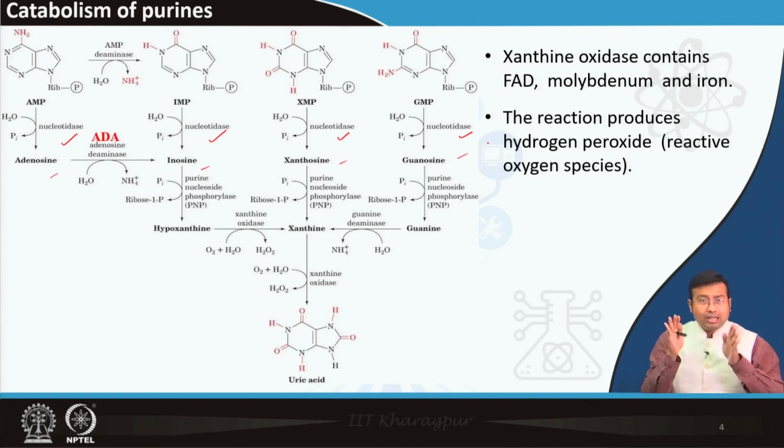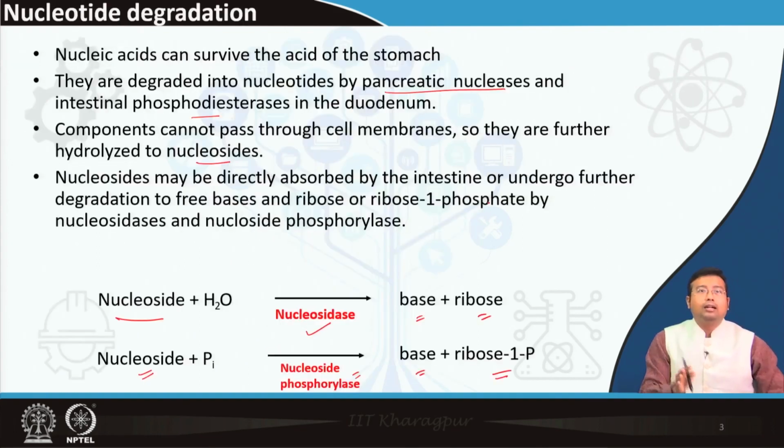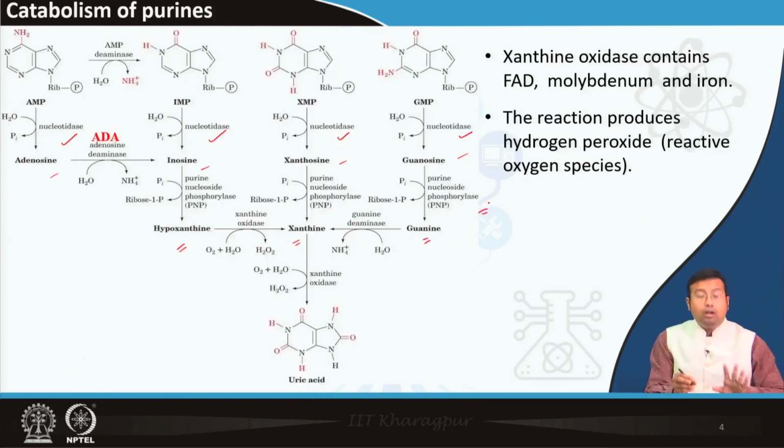Next, nucleoside phosphorylase breaks these nucleosides down to ribose 1-phosphate as well as simple bases. This pathway shows the application of nucleoside phosphorylase, but know that there are also nucleosidase enzymes that can directly convert a nucleoside into base and ribose. That is not shown here. We are showing nucleotidase because when there is phosphate, these are nucleotides.